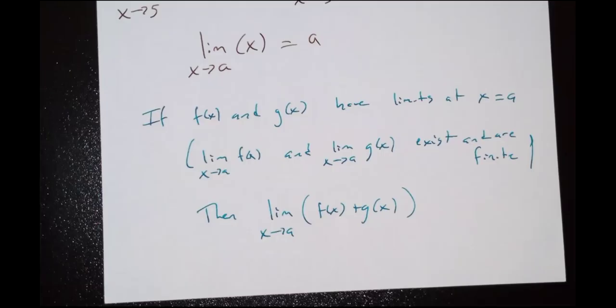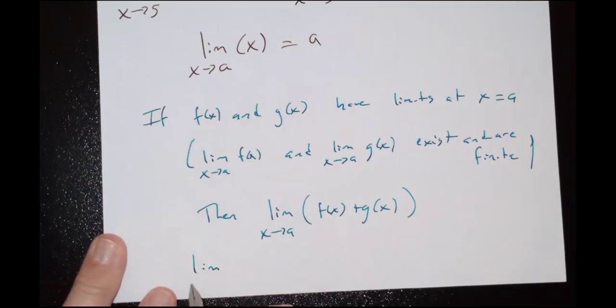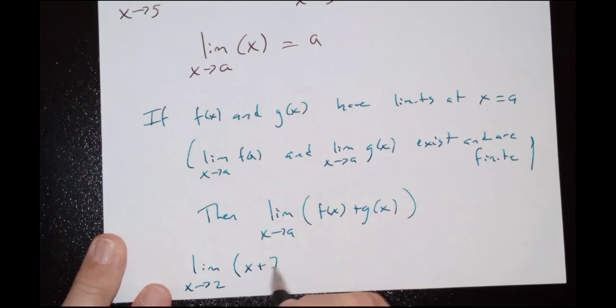Let's use an example from the pieces we were doing earlier. What if I had the limit as x approaches 2 of x plus 7?